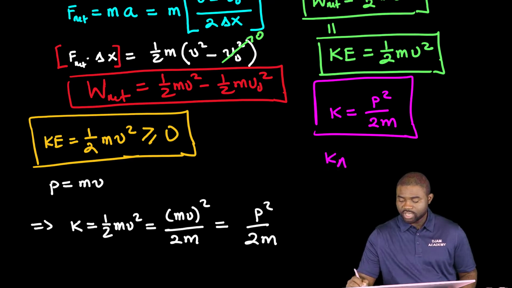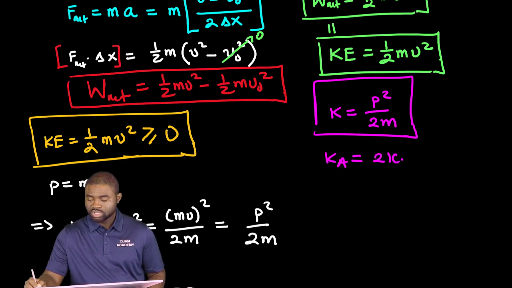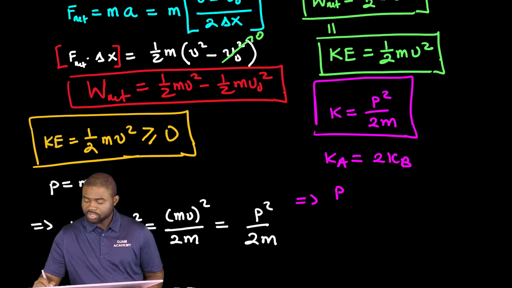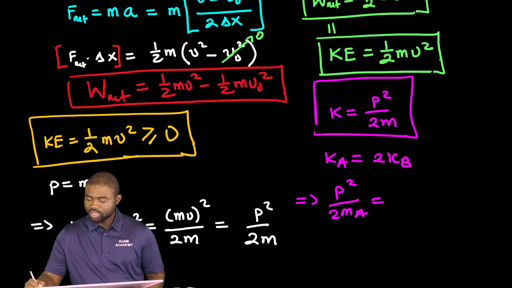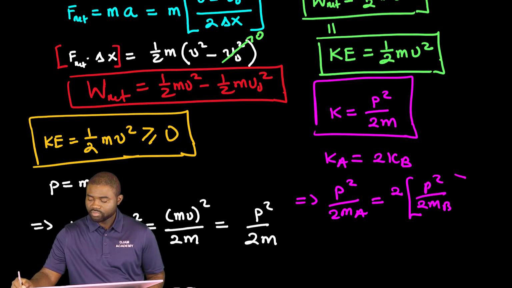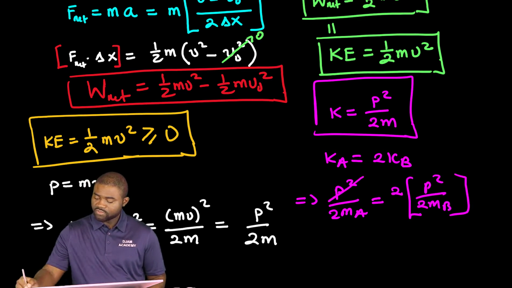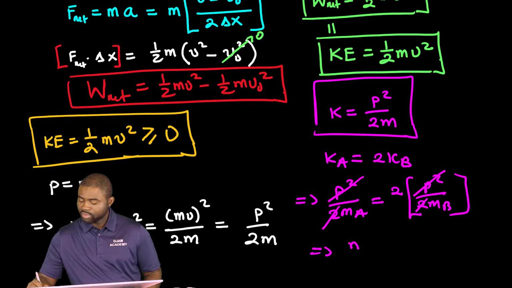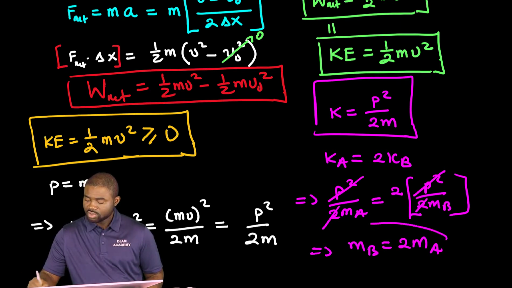If Ka is equal to 2Kb, this would mean that P squared all divided by 2Ma will be equal to 2 bracket P squared all divided by 2Mb. This takes care of this. And you will realize that Mb is equal to 2Ma.